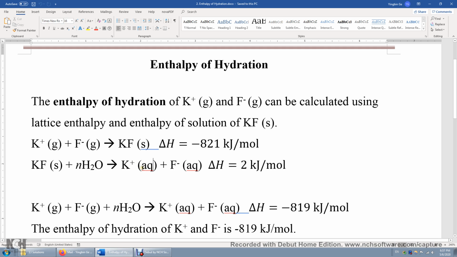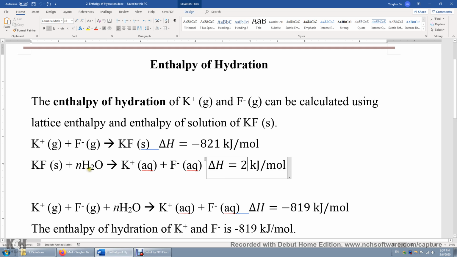Because of the attraction between K+ and water, and between F- and water, the enthalpy of K+(aq) and F-(aq) is much lower than separate K+ and F- ions. However, this enthalpy of solution is positive.